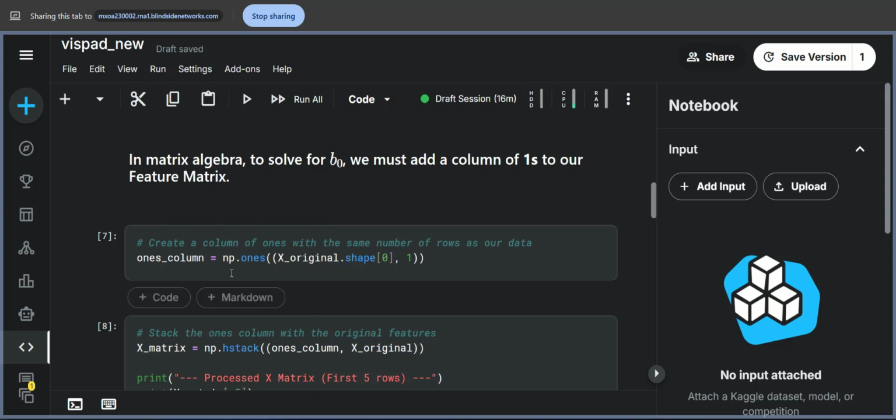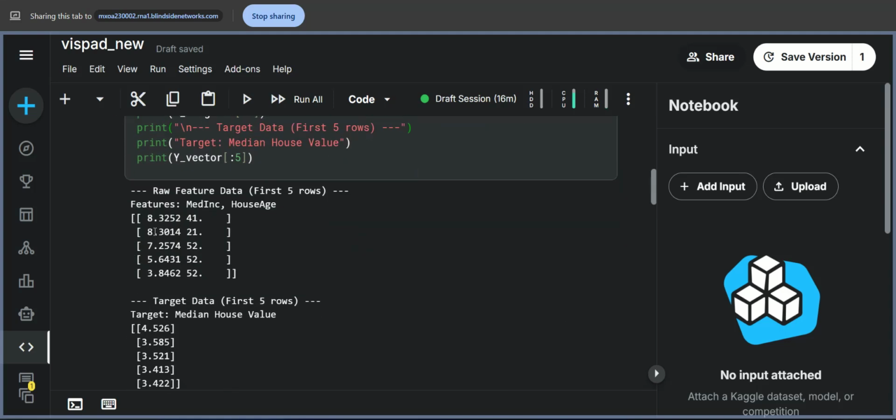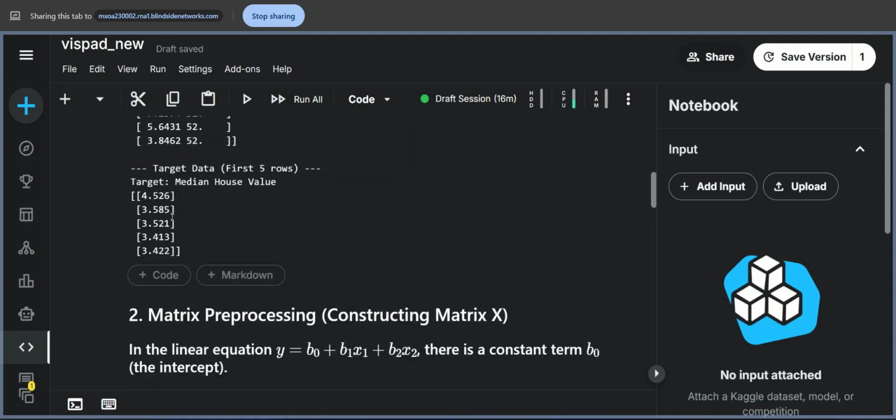So now we have our NumPy, where we are accessing ones. Ones means that we are going to create data that is only one, right? And then we are taking the length of the x original, which is the feature matrix here, right?